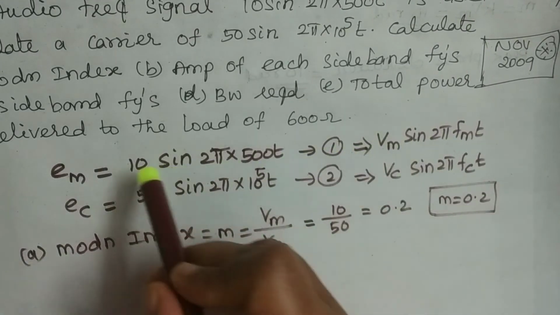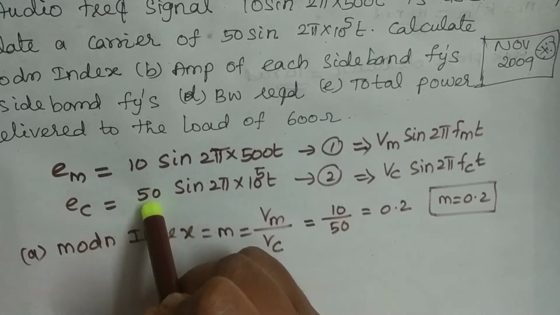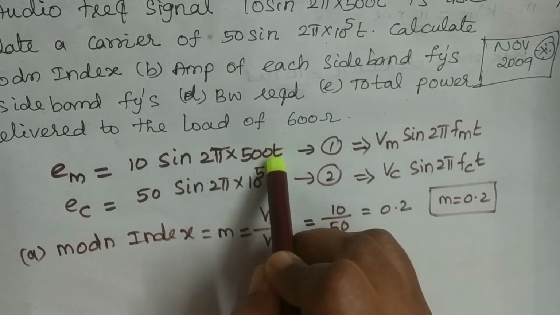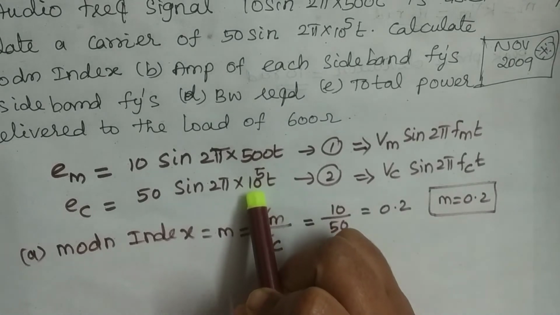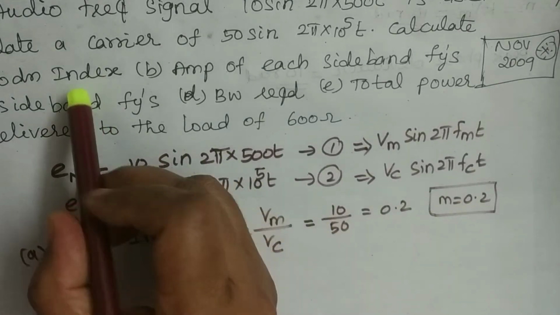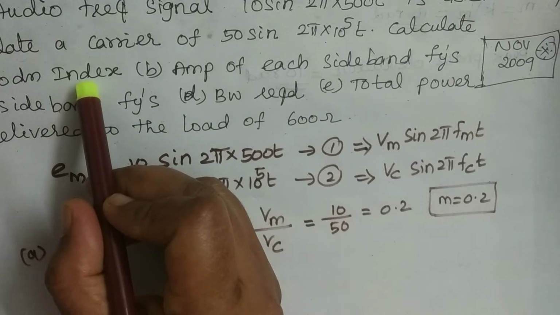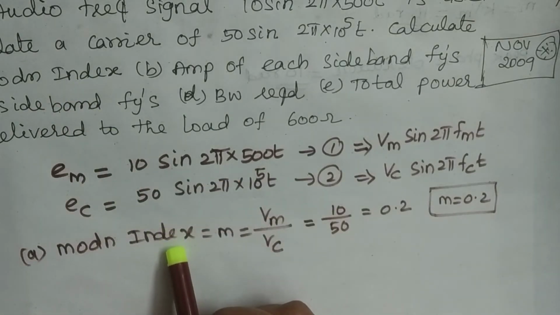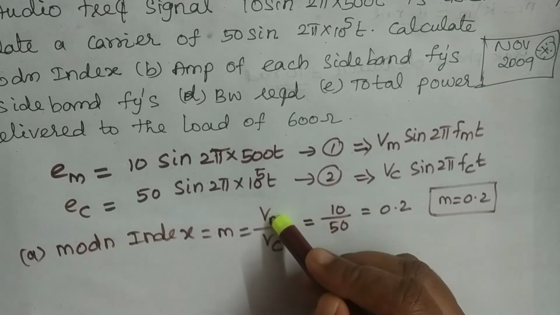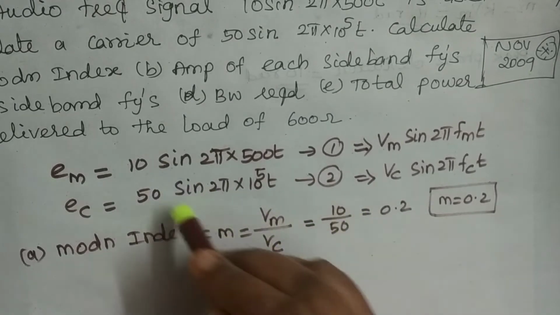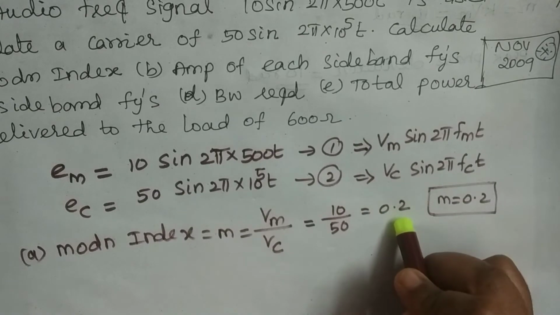So Vm is 10, Vc is 50, fm is 500, and fc is 10^5. For AM, the modulation index is Vm by Vc, which is 10 by 50, so it is 0.2.